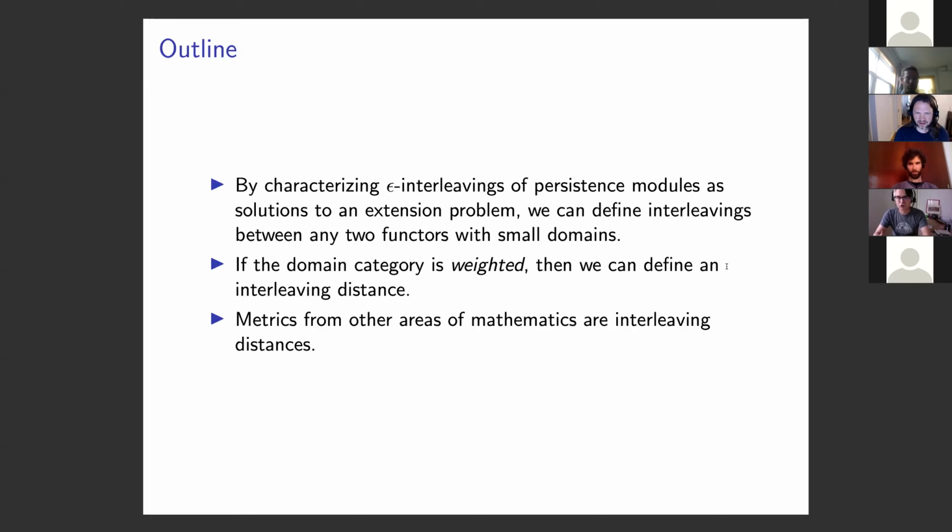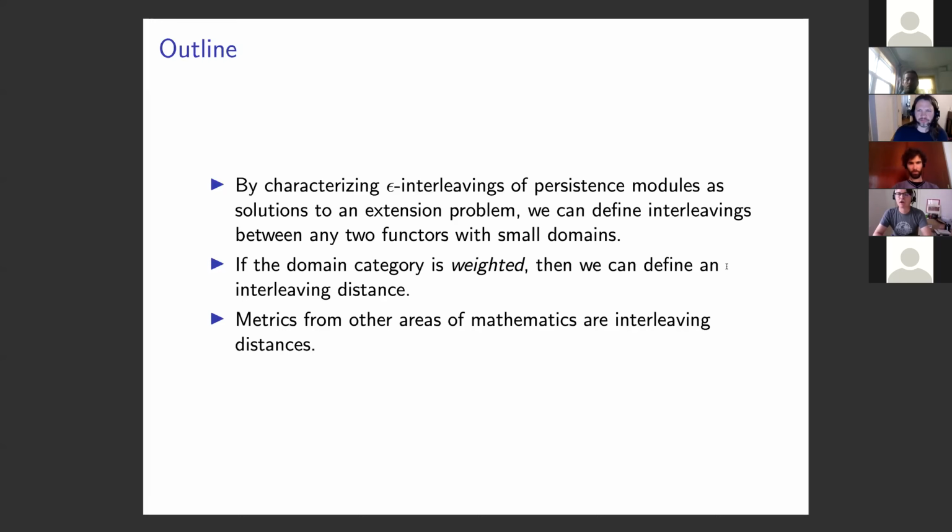One of the ways that you can compare persistence modules is through this idea of epsilon interleavings. And what we did was realize that the existence of epsilon interleavings is really an extension problem. By looking at it as an extension problem, that frees us from the classical definition of persistence modules, and lets us define interleavings between any two functors, as long as their domains are small categories.